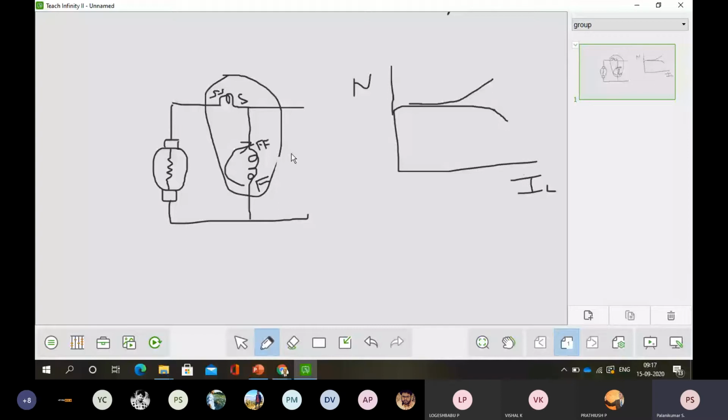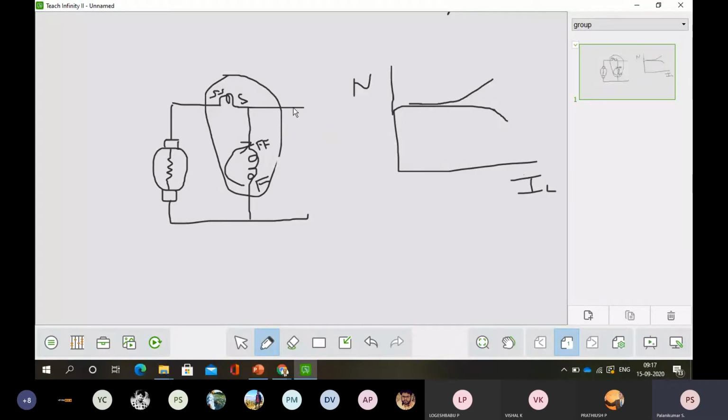In the differentially compounded connection, where the speed increases as the load increases, the parallel field's magnetic effect is opposing the series field effect.